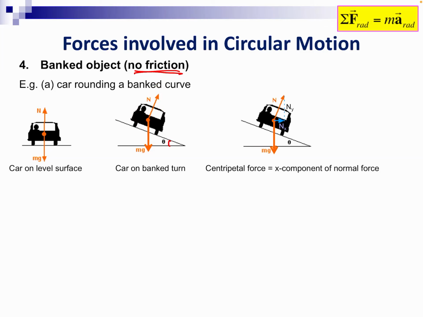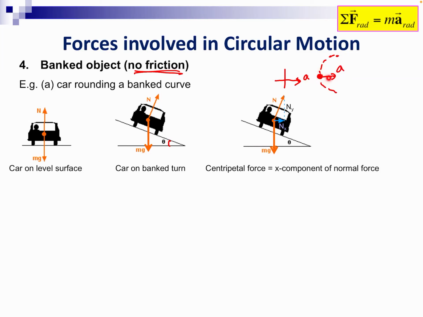So notice if your car is rounding a bend and the bend is banked, your radial acceleration would still be towards the center of this imaginary circle formed by this bend in the road.